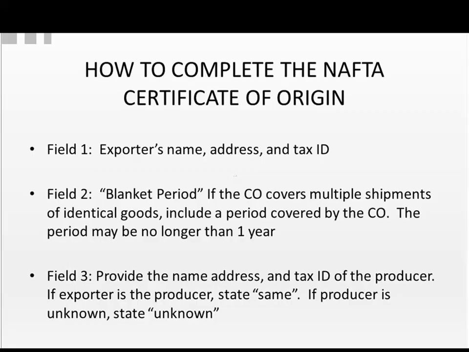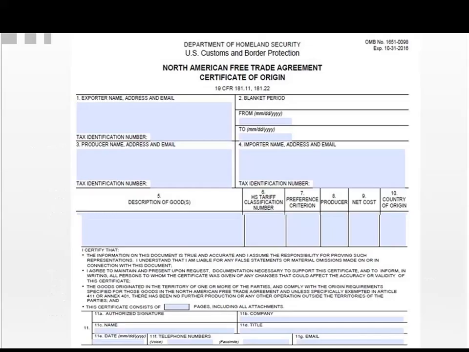You include the period covered by the CO, so you cover the blanket period that the CO is valid for. However, this period may be no longer than 1 year. So if you go back, you will see the blanket period, field number 2, from month, day, and year to month, day, and year. And that's 1 year only. Okay.